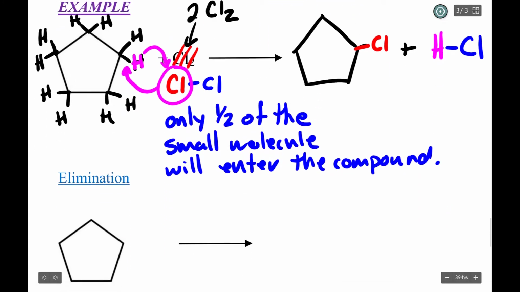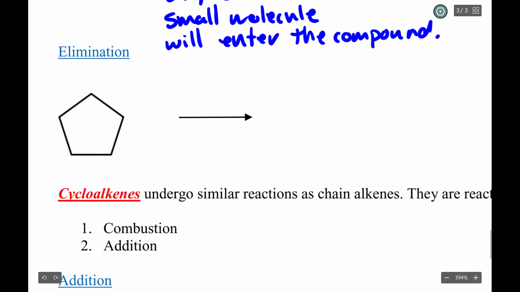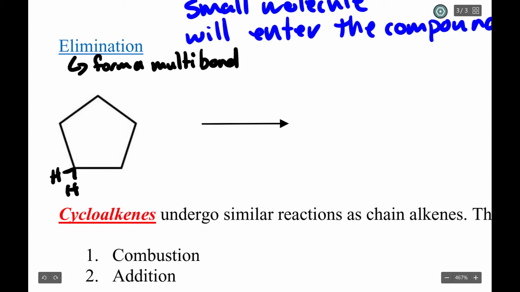The other type of reaction the cycloalkane can undergo is an elimination reaction. And in an elimination reaction, you are going to form a multi-bond. Now, again, so you can visualize it a little bit better, I'm going to draw a bunch of hydrogens in. I am going to color code a couple of them.